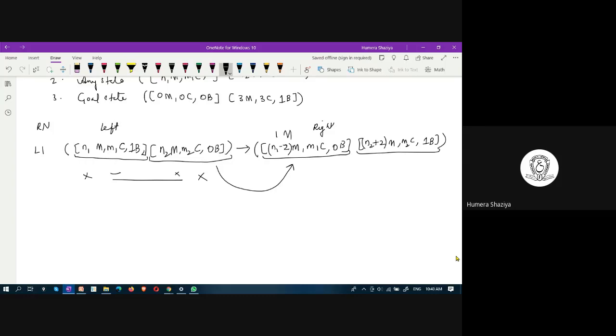And you are adding on the right side because you are going from left to right. This one is the present state, this one is the next state. In present state you should have both left and right, and in next state also you should have both left and right.